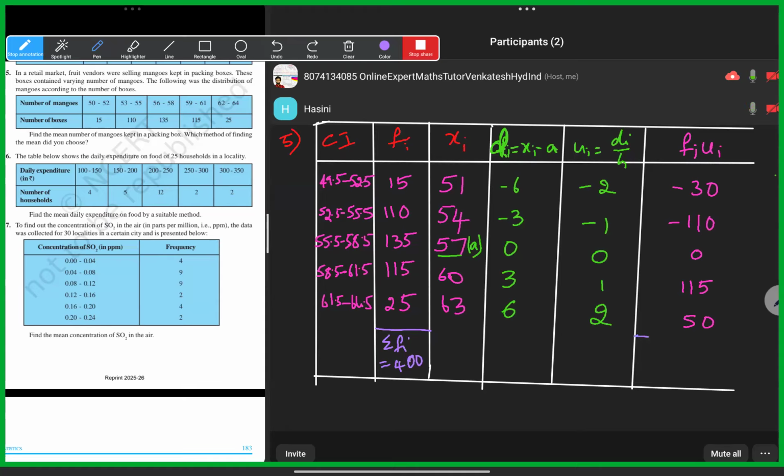Now Hasni, sigma fi ui. How much, if you add all this?